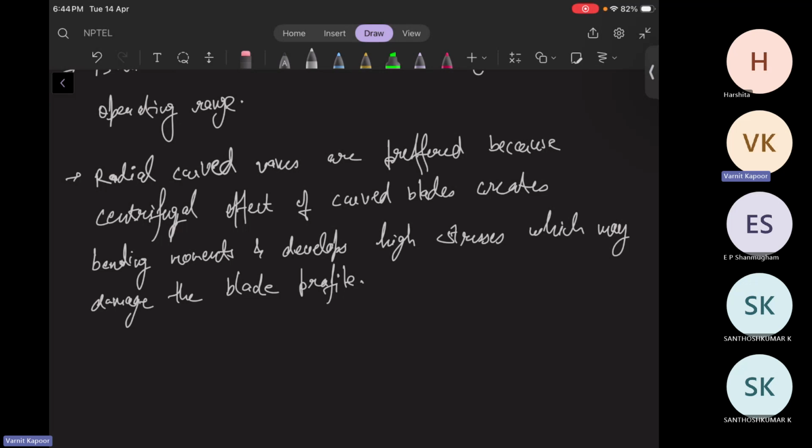Therefore, radial blades are always preferred. And if nothing is mentioned in the question, you have to assume the radial blades at the outlet.